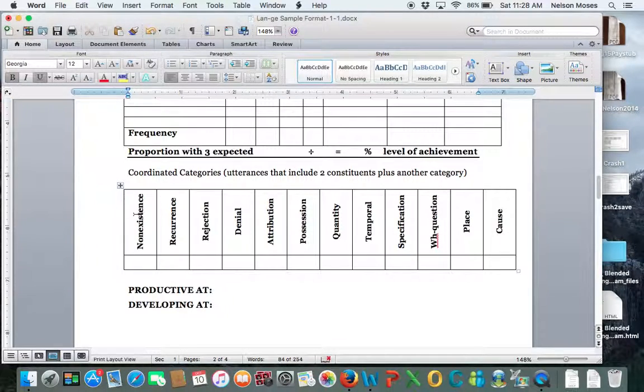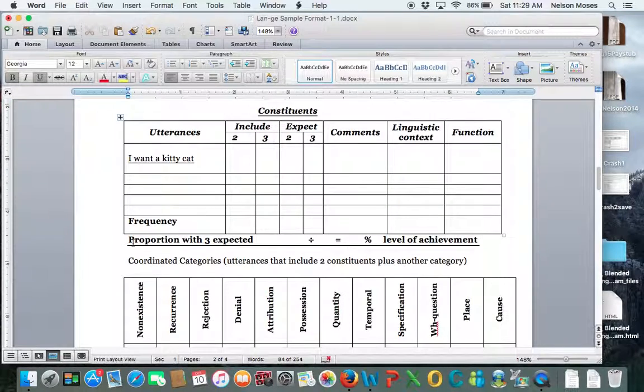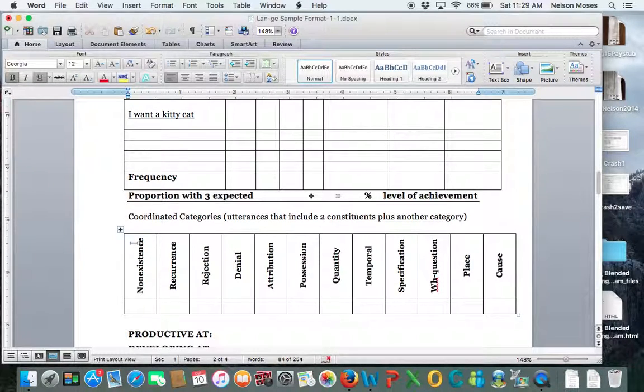And also on the bottom of the analysis sheet, there is more content category stuff. In fact, you see names of the content categories. Many of the non-verb relation content categories. Many of the content categories that go with single verb utterances.